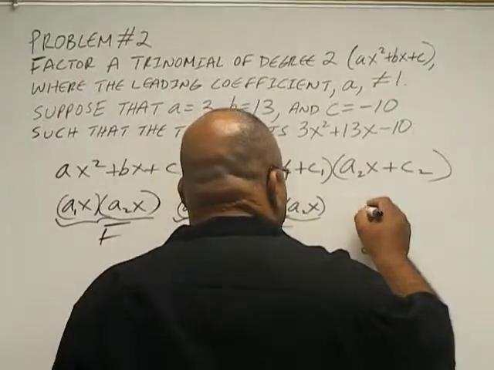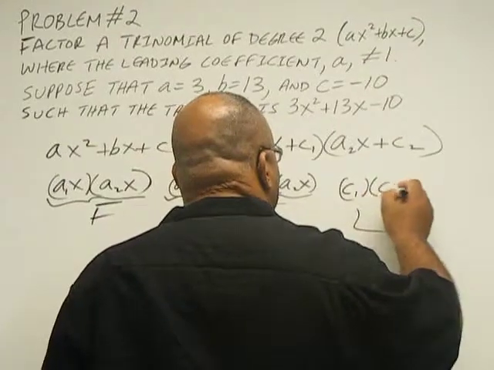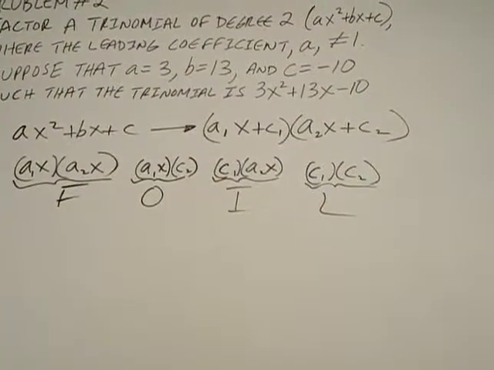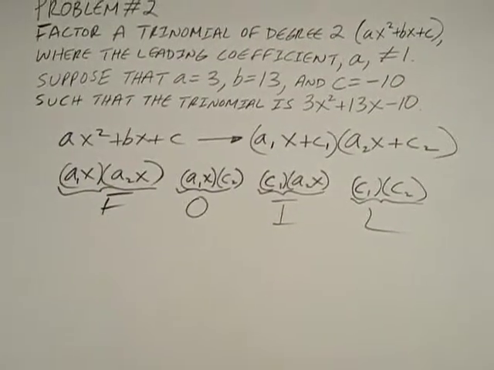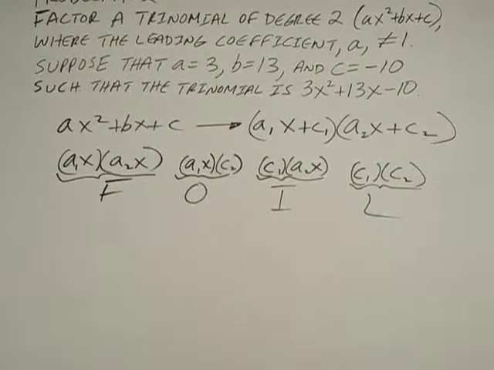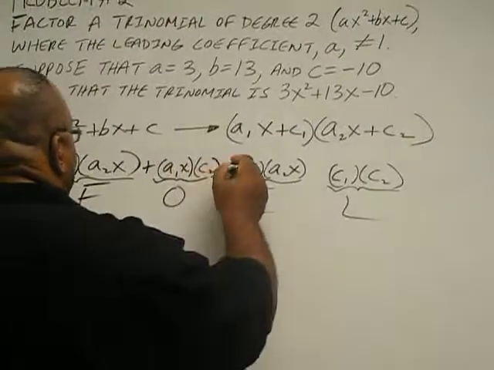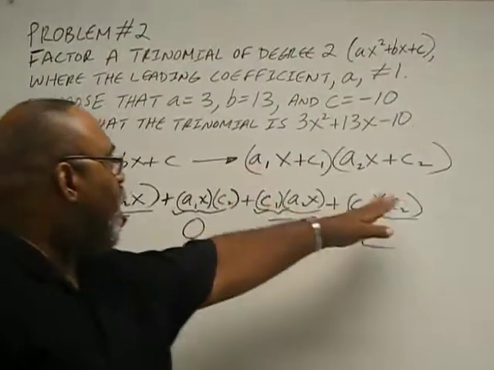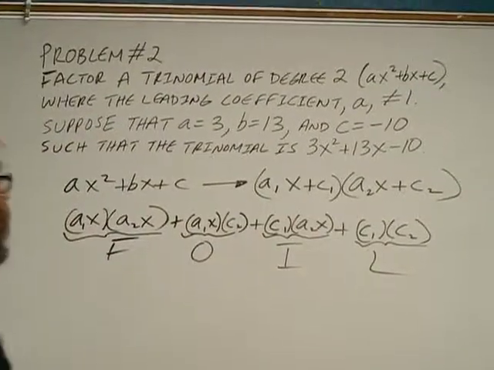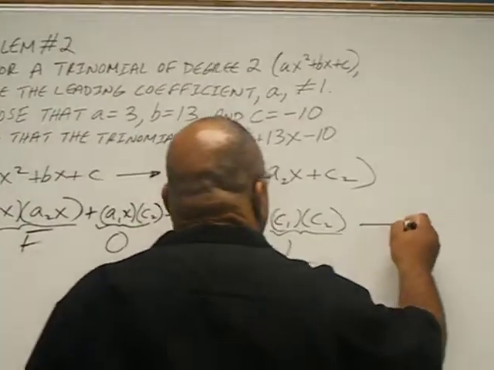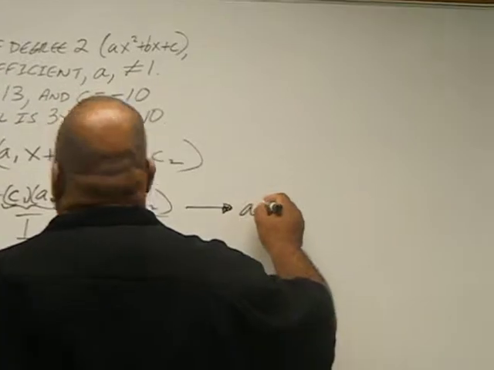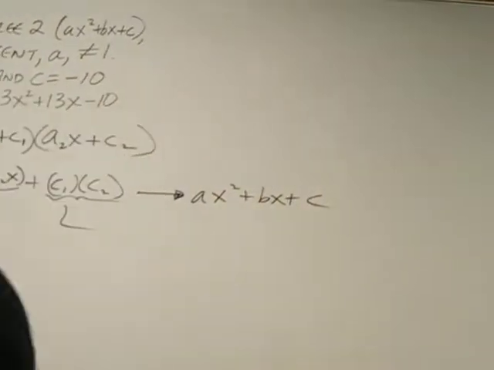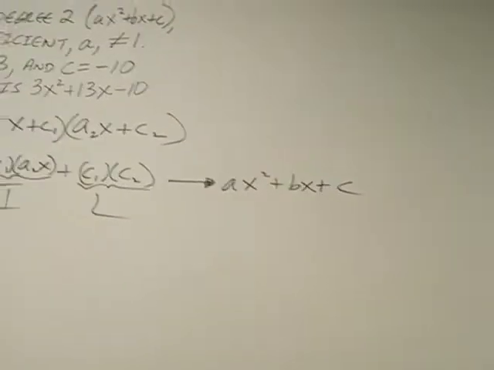Those are going to be multiplied together. Then we're going to add up all of these terms that have been constructed through multiplication. All these terms should then become ax squared plus bx plus c. So that's our objective. Okay.